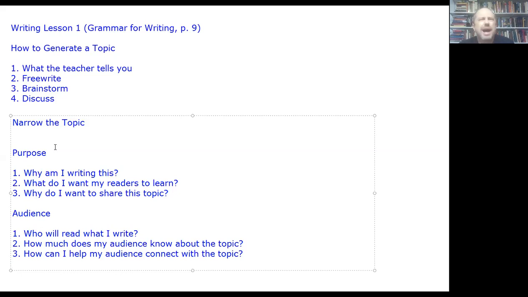And then why? Why do I want to share this topic? Do I only want to share this topic because the teacher told me I have to? Or is this something that I feel passionate about, right? That I want to share it because it's important, or because I love it, as the case may be. Lasagna fits both categories.